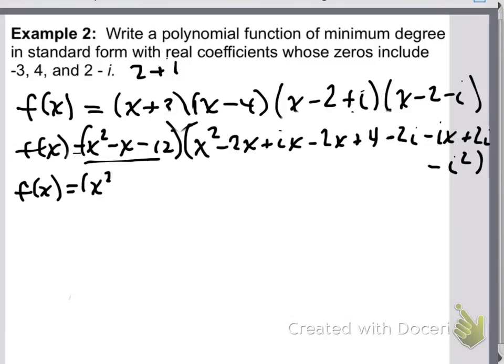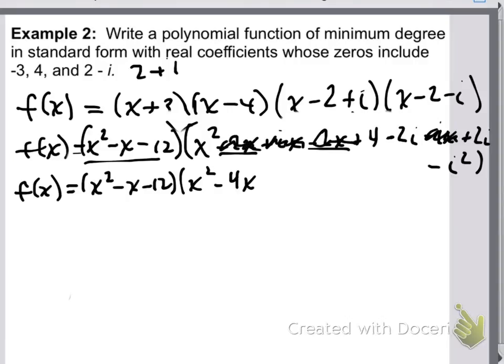Alright, and so I'm going to have f of x equaling x squared minus x minus 12, and then I have to simplify here. So I am going to have an x squared. And then I have a -2x and a -2x. So those are the real parts with my variable x. So that's going to give me a -4x. Now I have a negative i times x and a positive i times x, so those cancel.